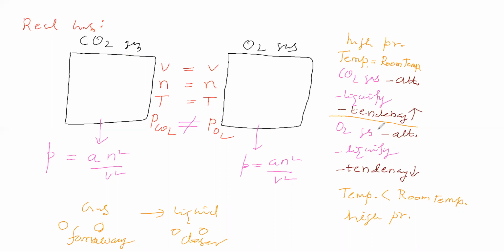One student says carbon dioxide gas. So carbon dioxide gas is having higher magnitude of attraction when compared to oxygen gas. Next we will see how the pressure exerted by these gases will be.